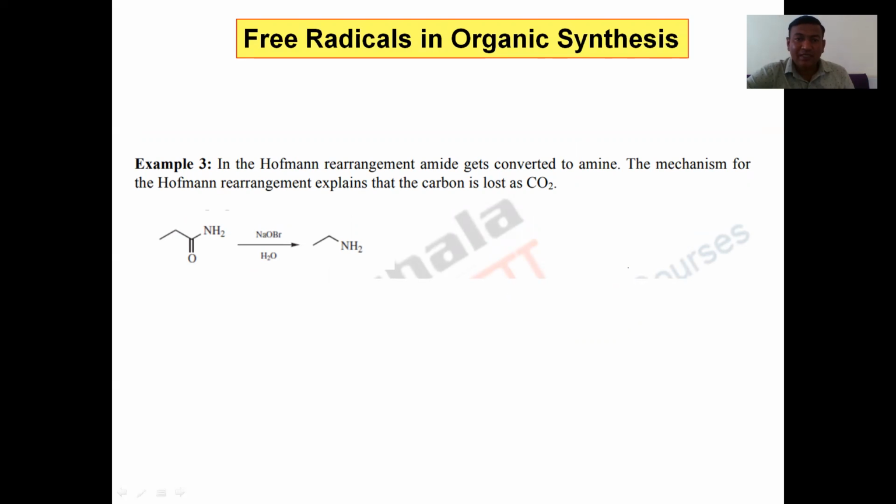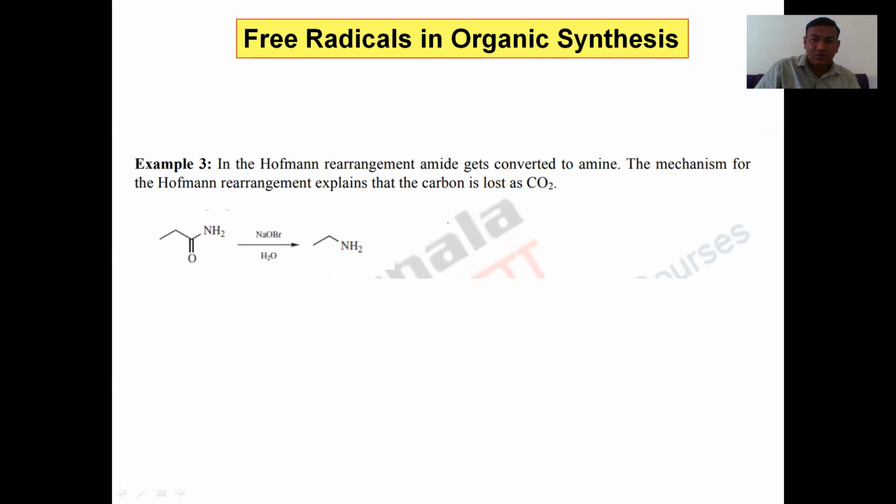And in this Hofmann rearrangement reaction, there will be an amide initially, and the amide gets converted to an amine, or we can say the primary amine. So in the mechanism for Hofmann rearrangement, the carbon is lost as CO2. Okay, and there is again the formation of a radical ion in the Hofmann mechanism.